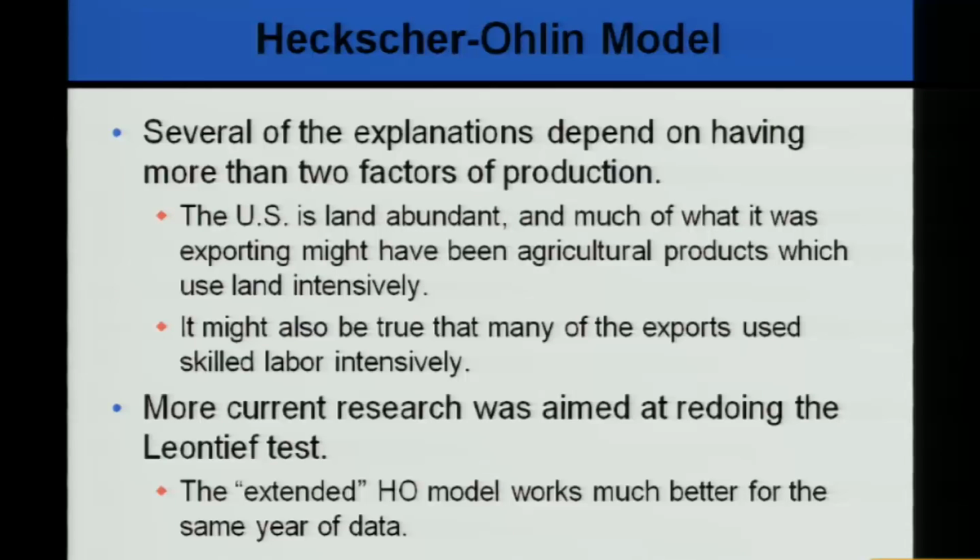So, the extended model is called the Heckscher-Ohlin-Vanek HOV model, and it assumes more than 2 factors, more than 2 goods, but the number of factors is equal to the number of goods, and more than 2 countries.